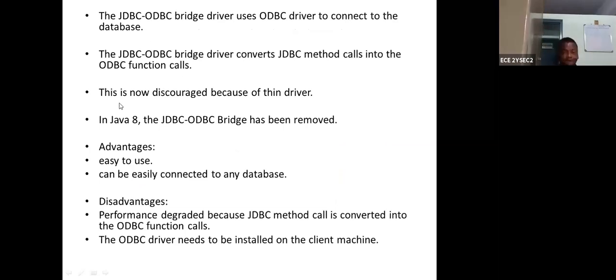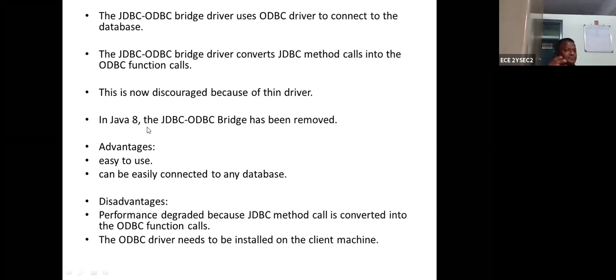Most of the time, at the present time, it is not used. This is the old method, so Java 8 and Oracle should not utilize this old method. Now, what are the advantages?